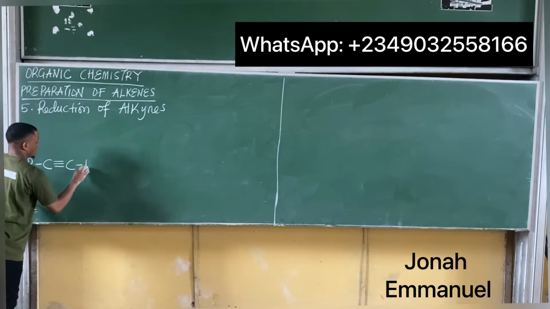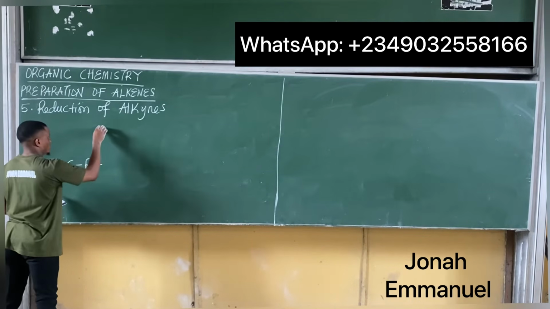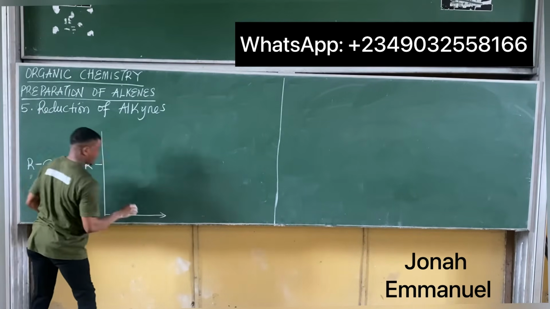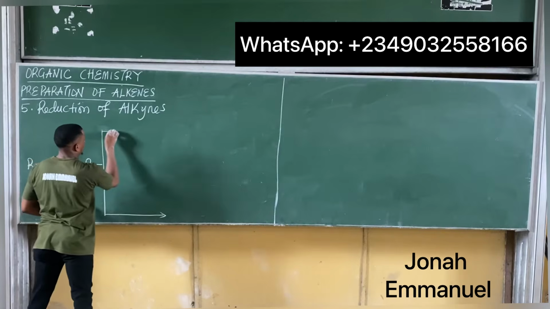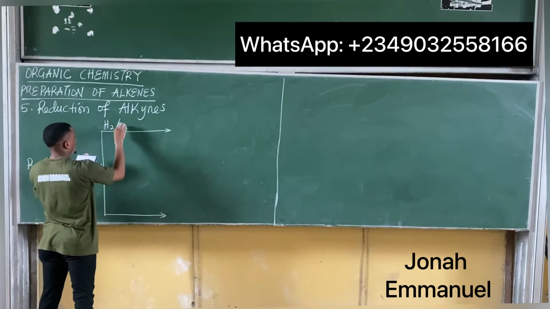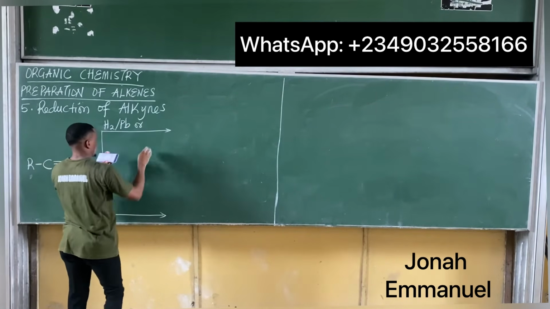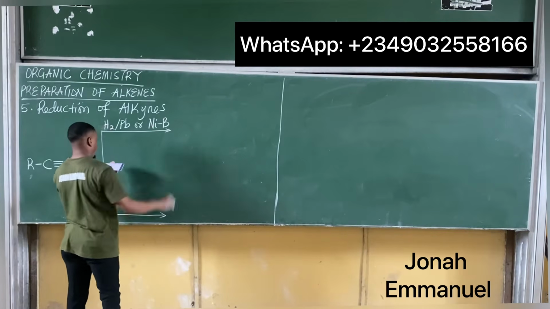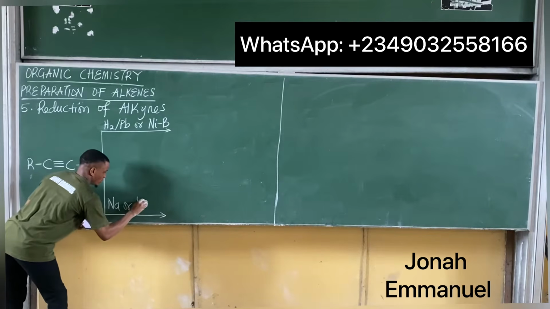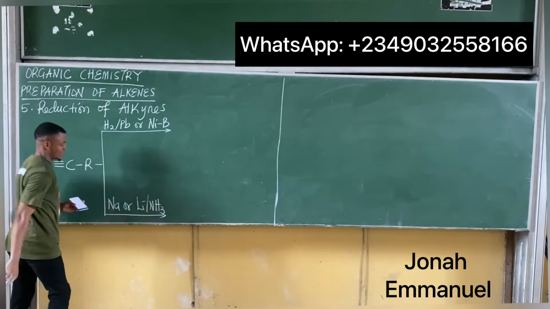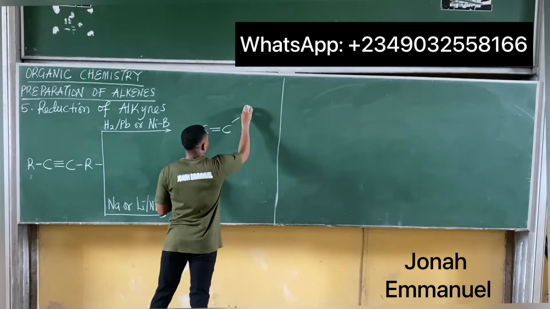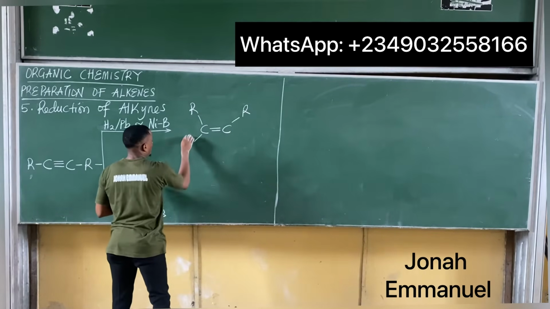RC triple bond CR combines with H2 slash Pd/Pb or this, Na or this. Your product is this: R, H.